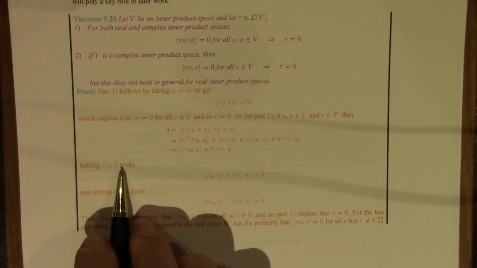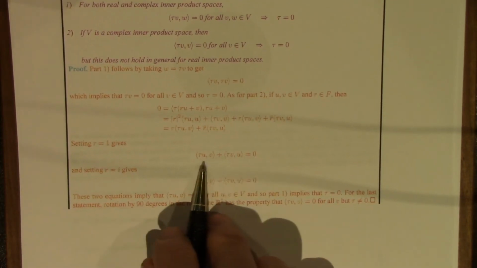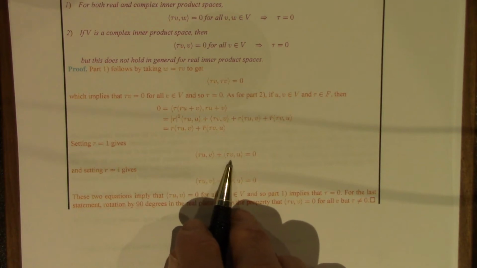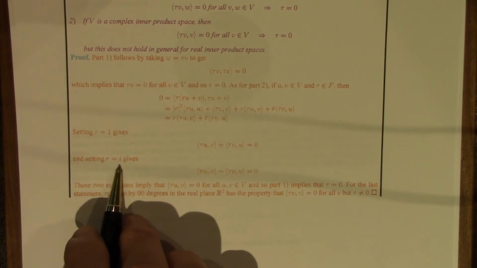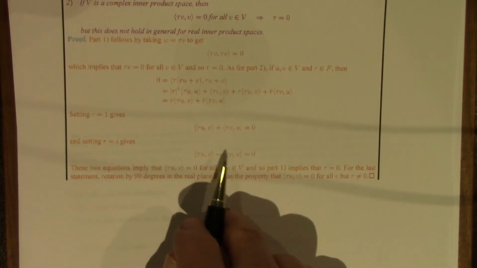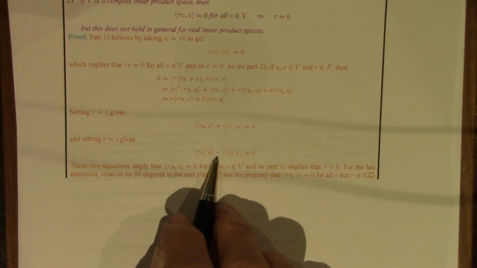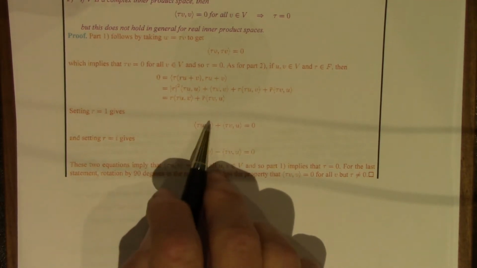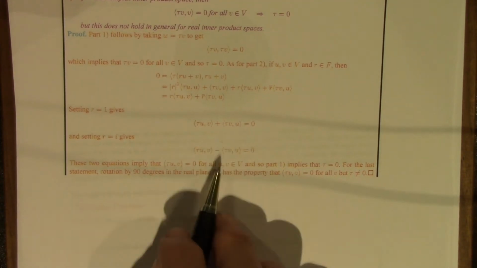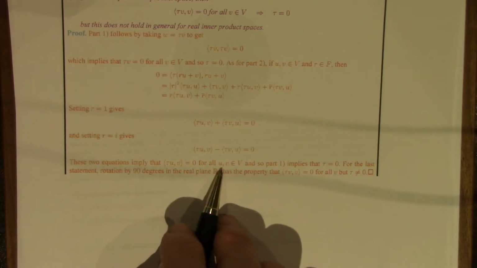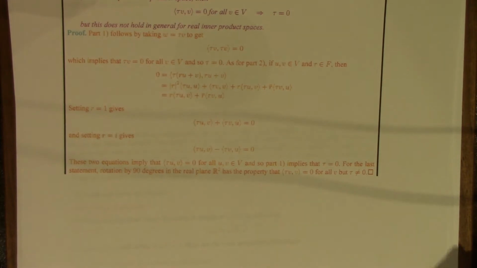Now, setting r equal to 1 gives us this equation: the inner product of tau u with v plus the inner product of tau v with u is 0. And then setting r equal to i produces this, similar to this but with a negative sign. And so together these two equations imply that the inner product of tau u with v is 0 for all u and v, and then part 1 tells us that tau is 0.